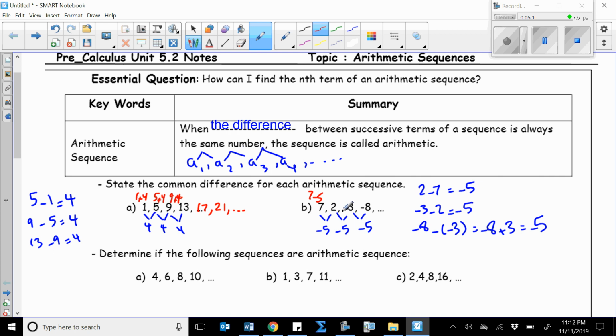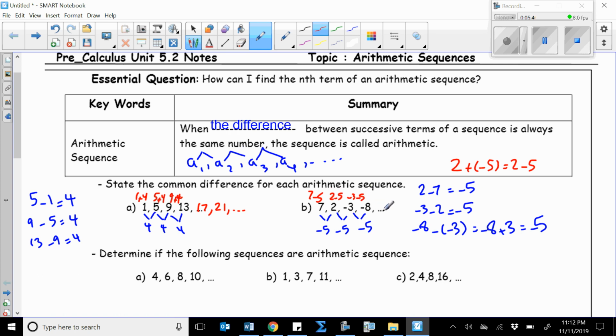Then to get the next term, you're going to do 2 plus negative 5. Positive and negative will be negative, so 2 minus 5 is equal to negative 3. Then negative 3 minus 5 is negative 8.